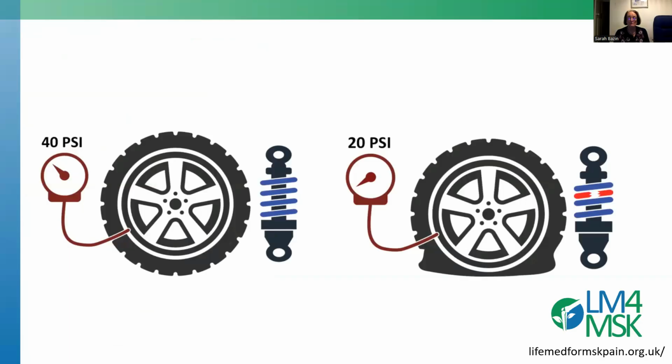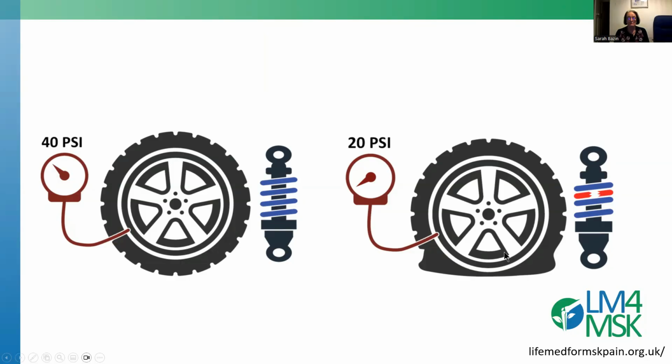This is a common metaphor that I give my patients. It's like my car tire. My car tire needs 40 pounds per square inch of pressure. If it is 40 pounds per square inch, the shock absorbers last without a problem, as you can see in this image.